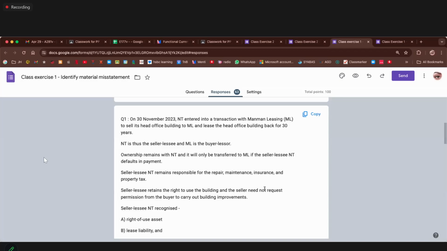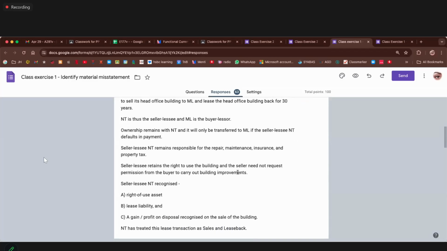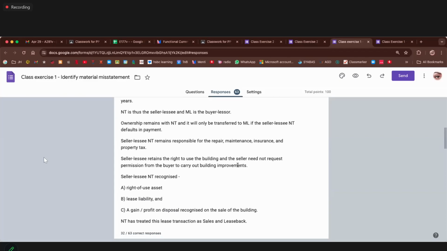From the first sentence, it sounds like sale and leaseback, but we have to examine further. NT in this relationship is the seller, which is the lessee, and ML is the buyer and the lessor. Ownership remains with NT, and it will only be transferred to ML if the seller, NT, defaults in payment. Seller-lessee NT remains responsible for the repair, maintenance, insurance, and property tax.